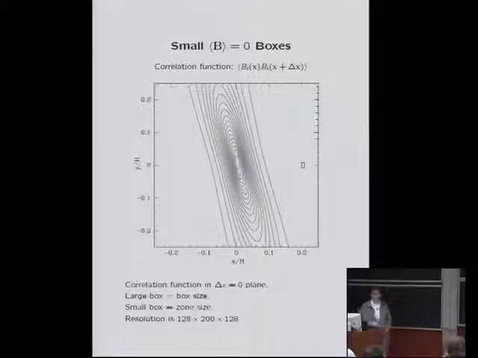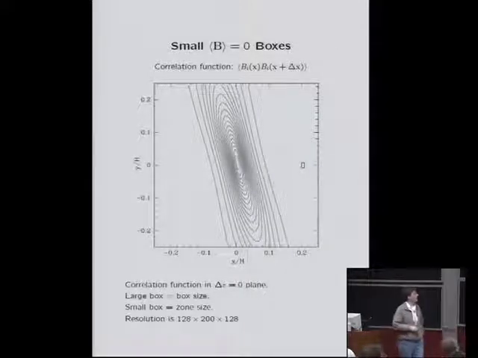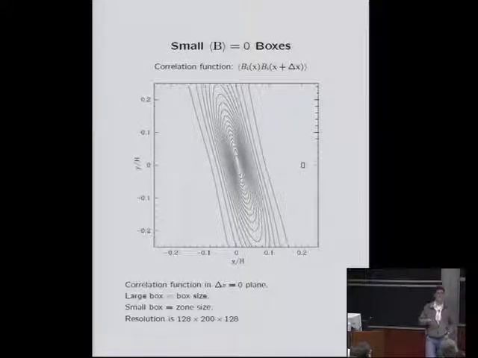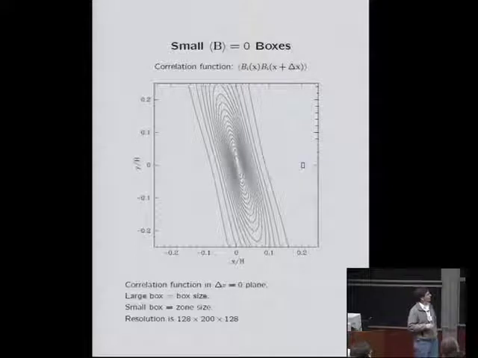Okay, and we can zoom in here and look at the center of this correlation function, and you can see that the width of the correlation function is comparable to the zone size, which is a way of restating the power spectrum analysis that was done by Fromang and Papaloizou in their paper. There's some characteristic correlation length here, which is comparable to the zone scale.